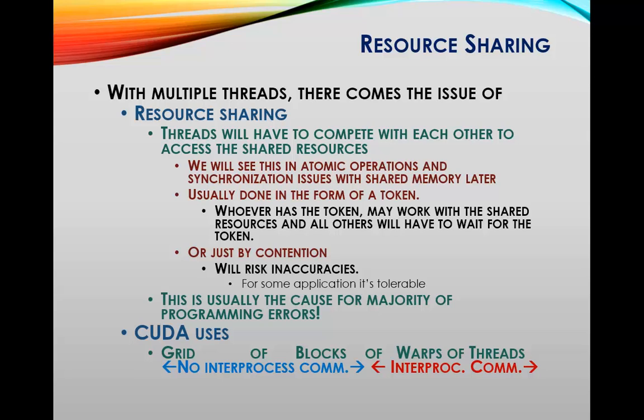Another way of sharing the operation is by contention. Basically, you just let all your threads access the shared location without caring about the conflicts that arise as a result of this shared resource being used and accessed by multiple entities.